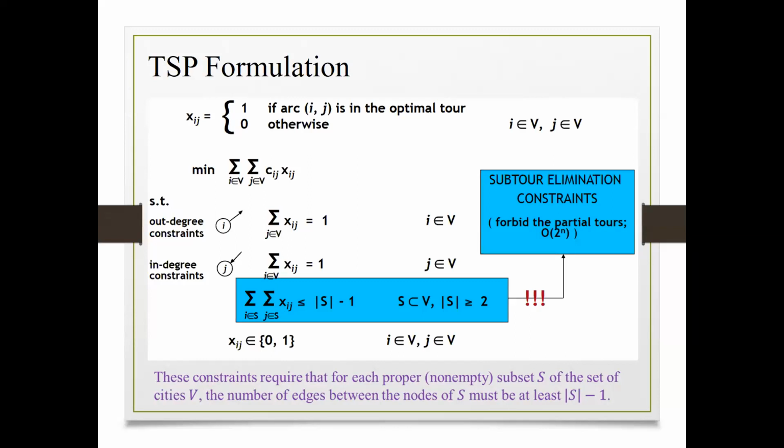That means there should exist at least one connection connecting a city in S to a city outside S. With this, I get rid of these subtours or the small subpaths, and I make sure that we have one big connected shortest path.